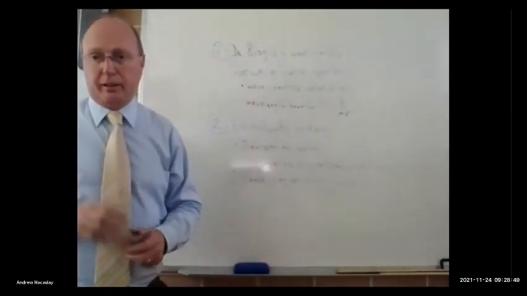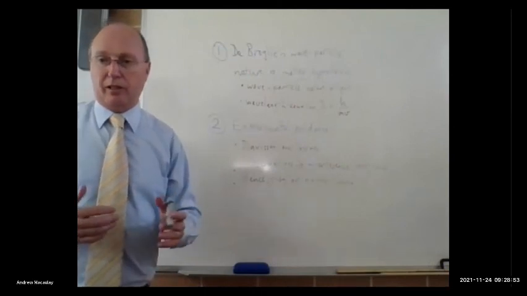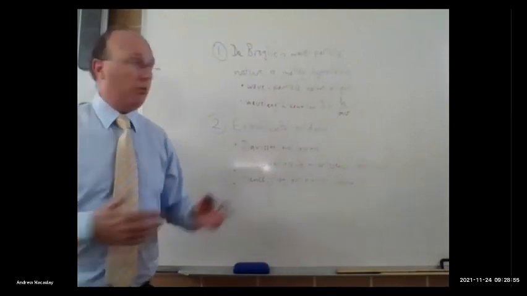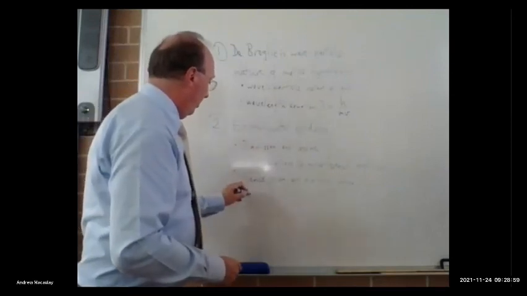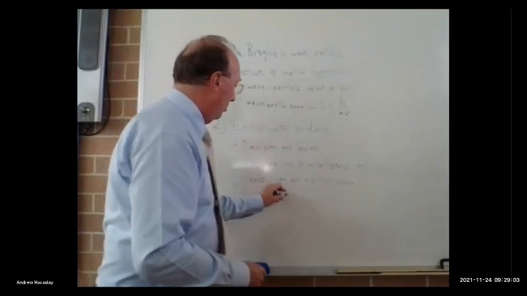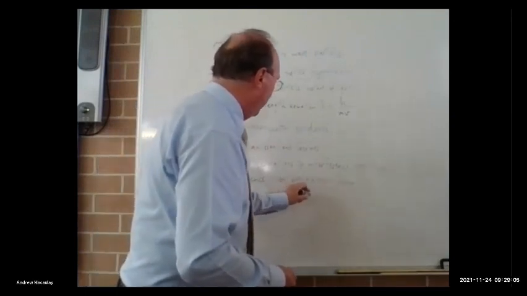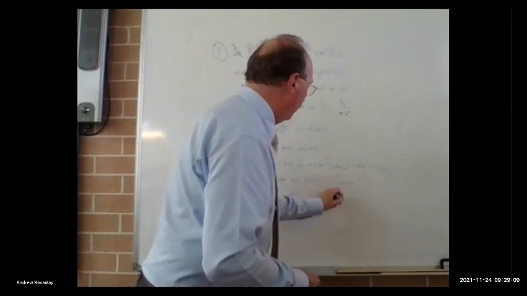And the fourth point that we want to say is the wavelength of electron waves agrees with de Broglie's hypothesis. So we're going to bring it all together. So the wavelength of an electron agrees with de Broglie's hypothesis.